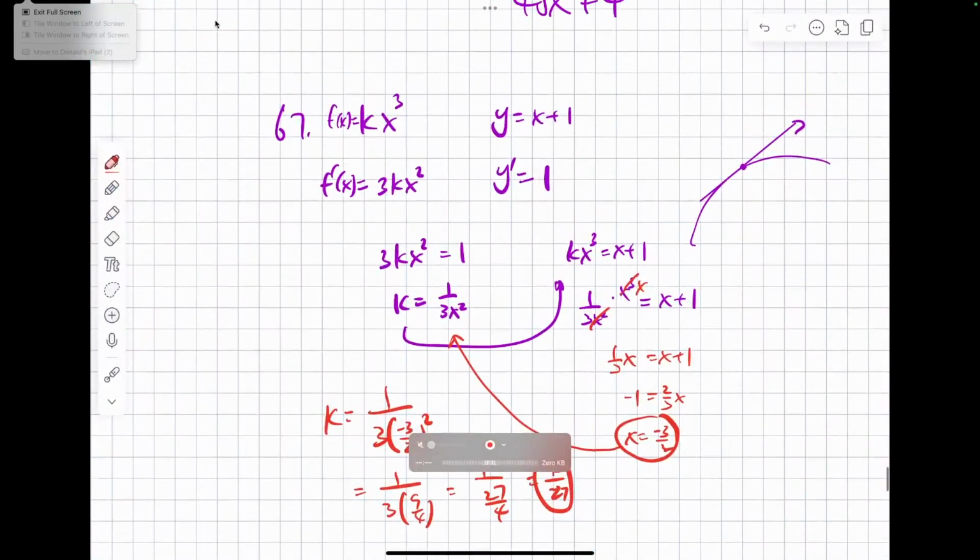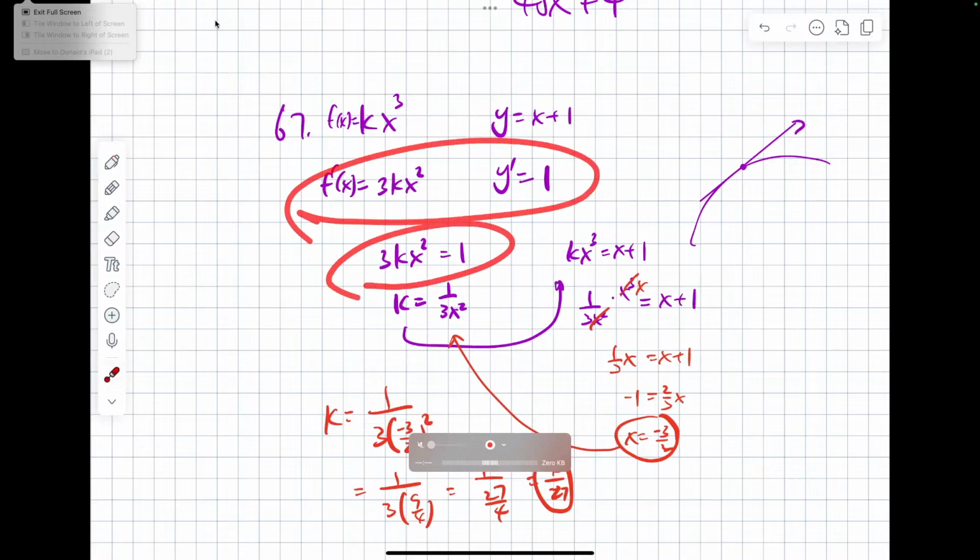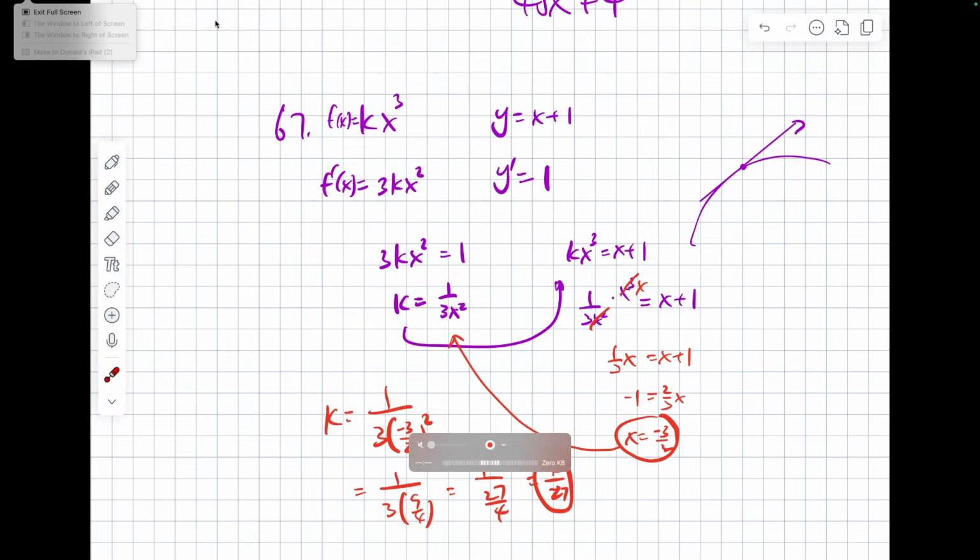The work for this one is actually fairly easy. I don't have a lot of work. I don't know why some people take the whole page on 67. This is the work. I take a derivative. I set them equal to each other. Some people try to solve for x, but that's the problem. I solve for k because I solve for whatever is easier.